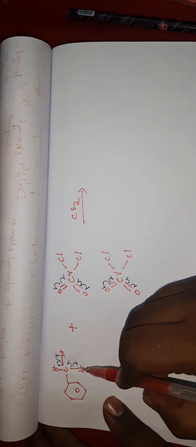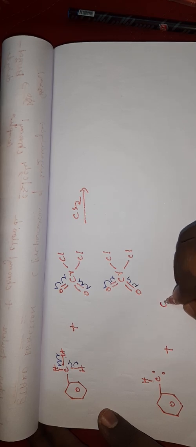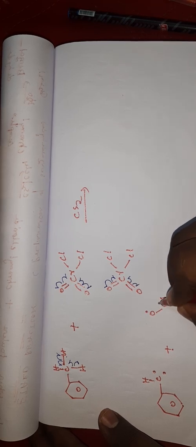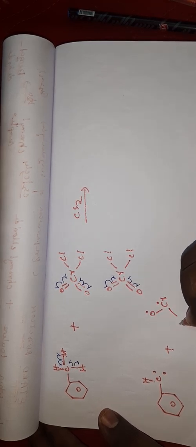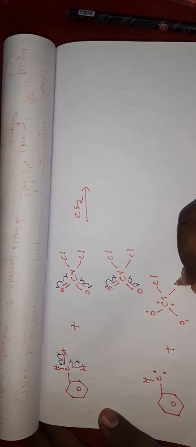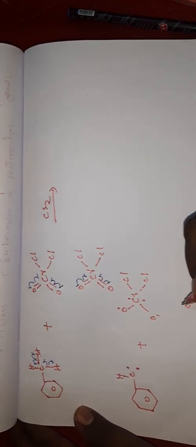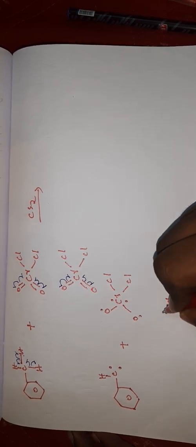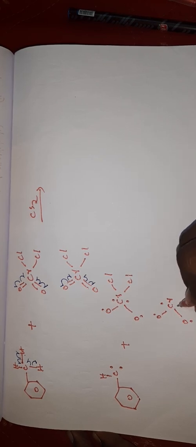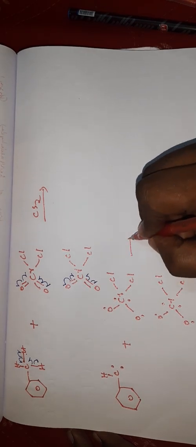One is from this hydrogen and another one is from this hydrogen, plus this chromyl complex also: Cr, single bonded oxygen with an unpaired electron, and chromium also with an unpaired electron, Cl, Cl, and this chromium also Cr, single bonded oxygen with an unpaired electron, Cr, oxygen unpaired electron, Cl, Cl, CS2.